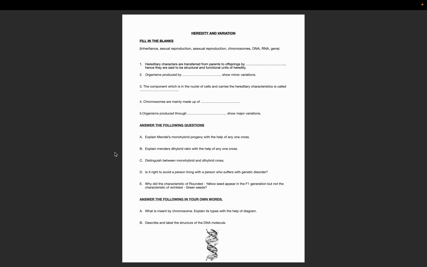Let's look at the fifth one. Why did the characteristic of rounded yellow seed appear in the F1 generation, but not the characteristic of wrinkled green seeds? Why is it so? Can anyone tell us?